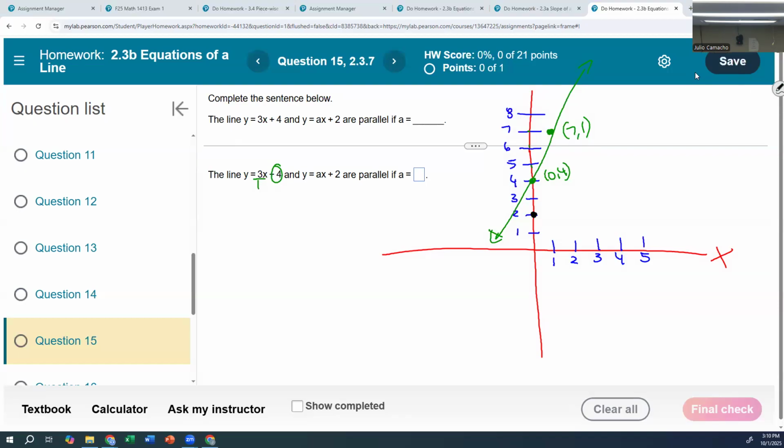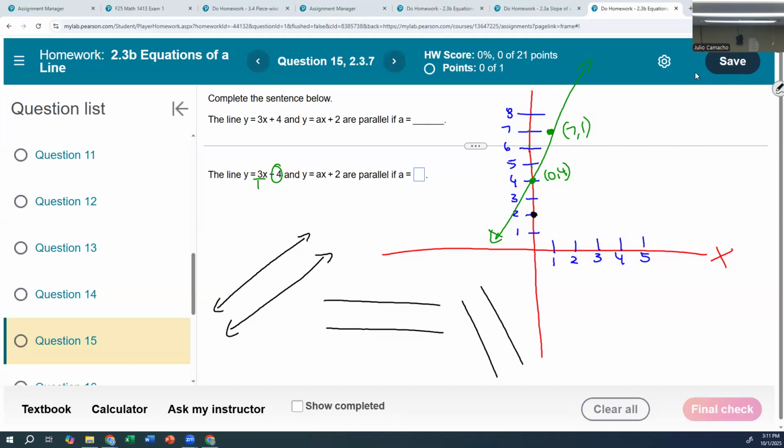Well, two parallel lines are lines that, it doesn't matter in what direction, are running one next to the other, and they are running from negative infinity to infinity. They run forever.